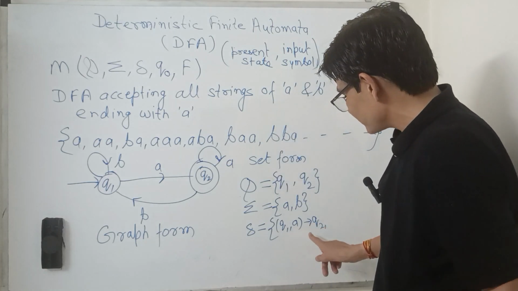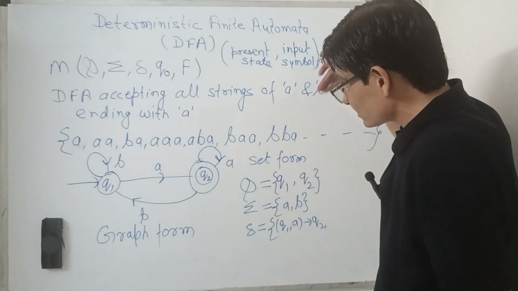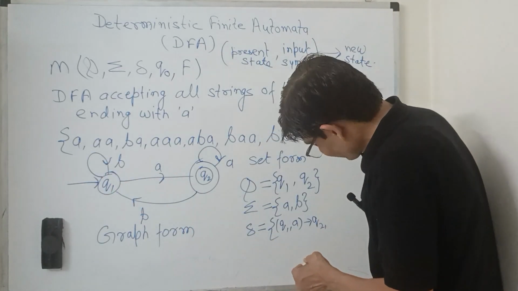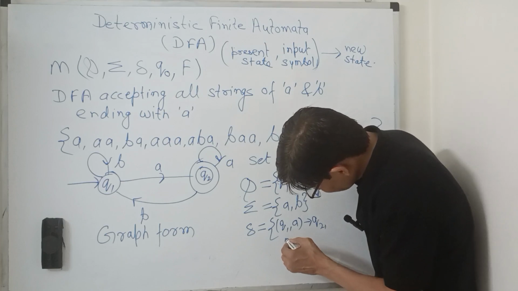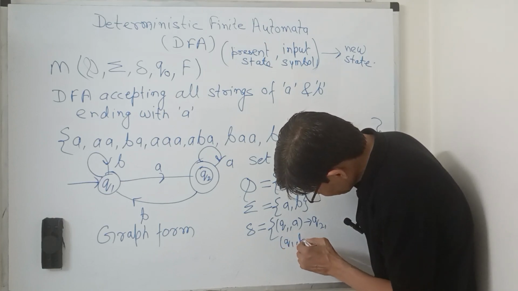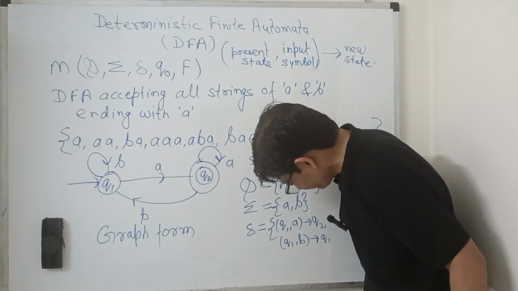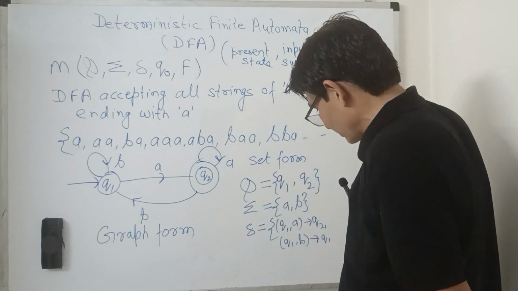This is the first transition rule. The second transition rule: on Q1 we get B, and then we move to Q1 itself. We are staying on Q1.